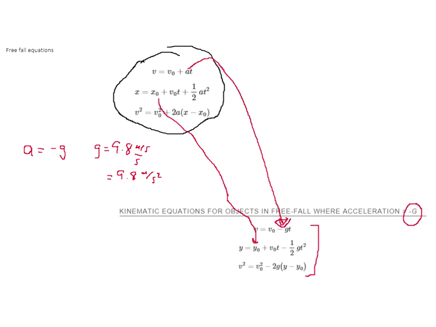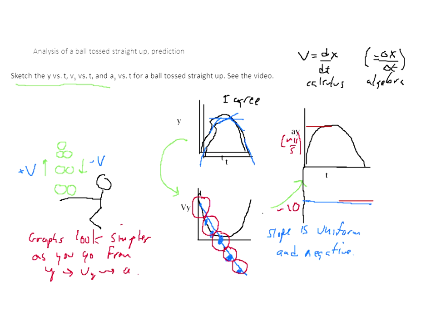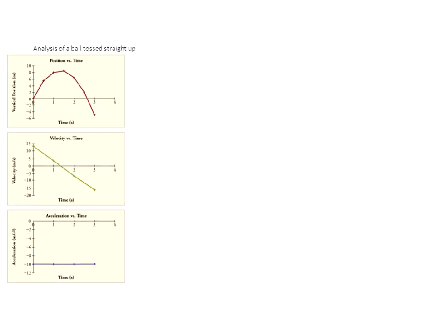So let's go back to what we speculated. This is a diagram that I copied and pasted from the book, except this was from a sample problem, so it's a little bit different situation.